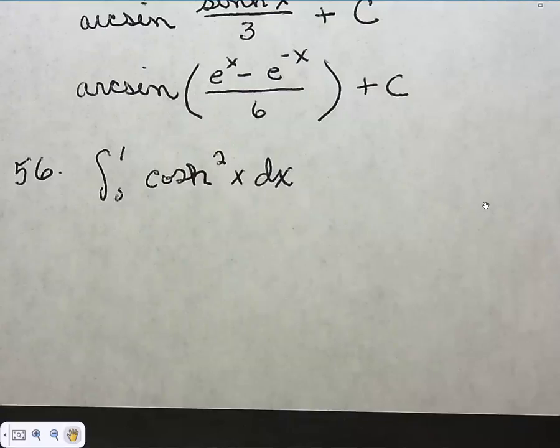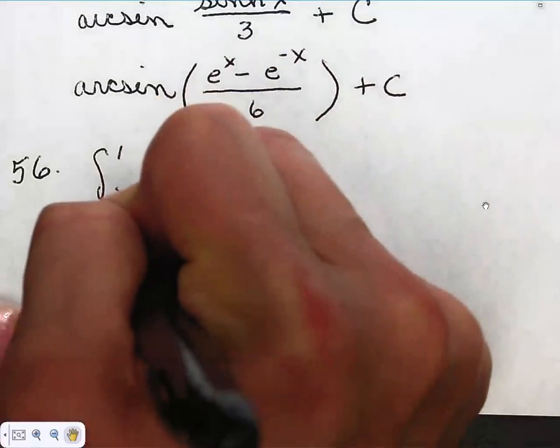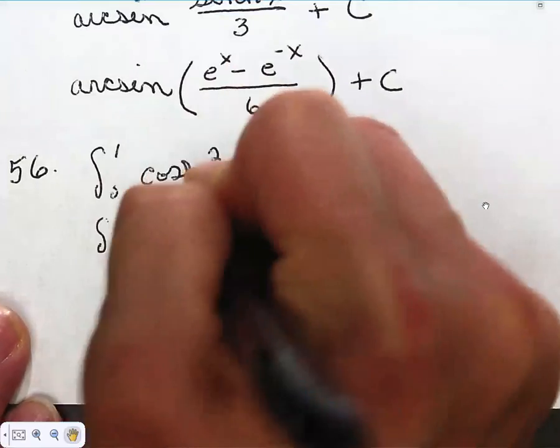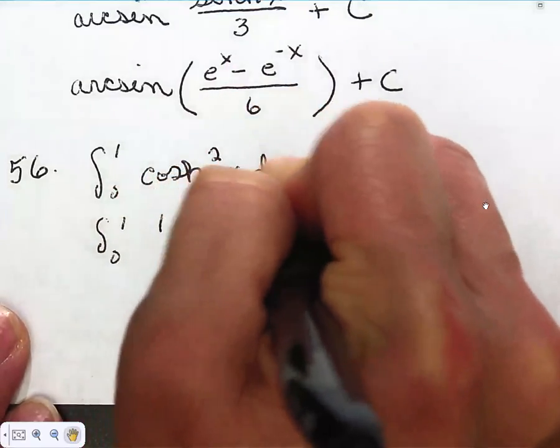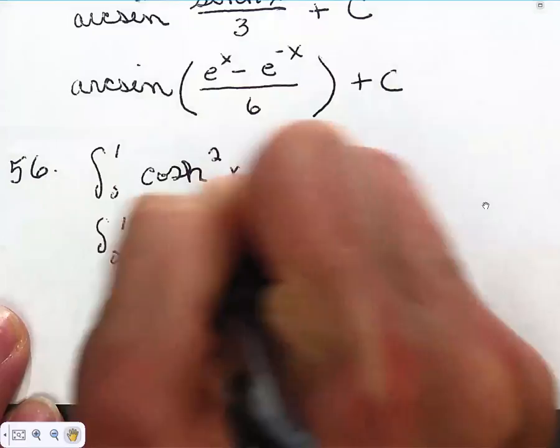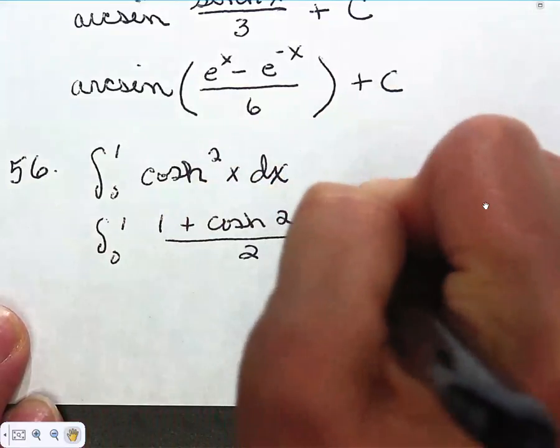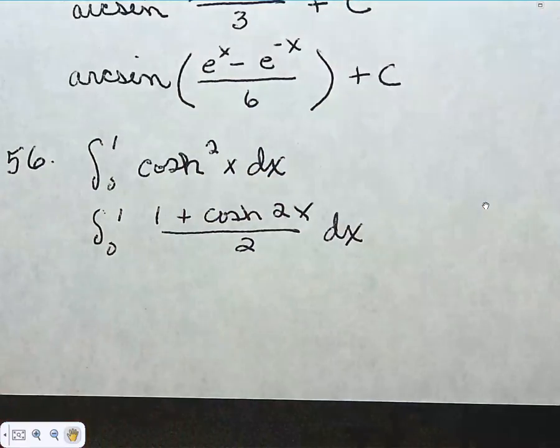Look at the identities page for hyperbolic trig functions, where those identities are listed just a few pages back in the book. Yeah, I didn't think of going, well, obviously, that's just 1 plus cosh 2x over 2. That did not occur to me.